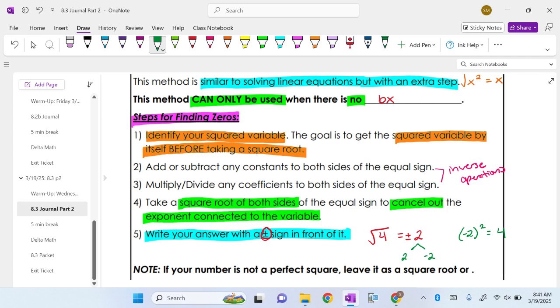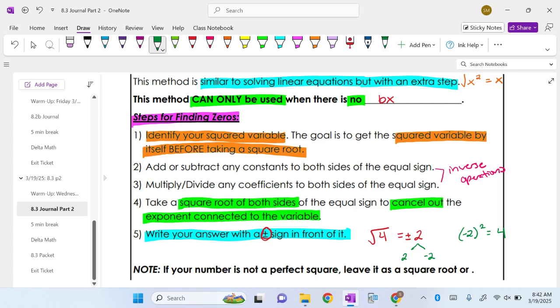So if you take the square root of a positive number, we don't know for sure whether our answer is the positive version of that number or the negative version of that number. For example, the square root of 9 is plus or minus 3. Square root of 16 is plus or minus 4. Because the positive version of that number and the negative version of that number squared could equal our original number.